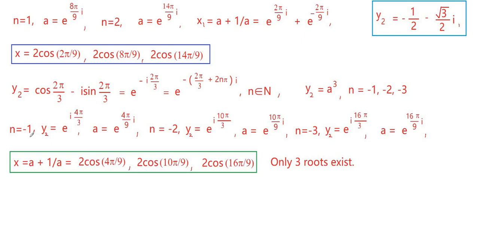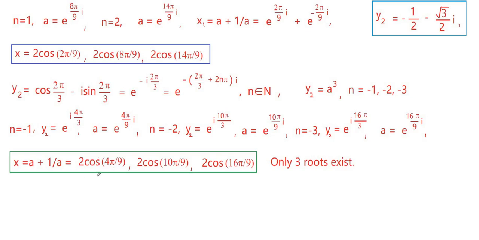So when n is minus 1, we get this result, and when n is minus 2, we get this result. So we get 3 x values for y2. Take a close look.